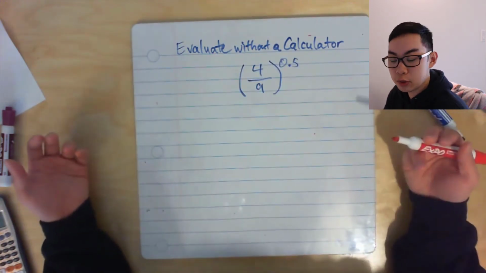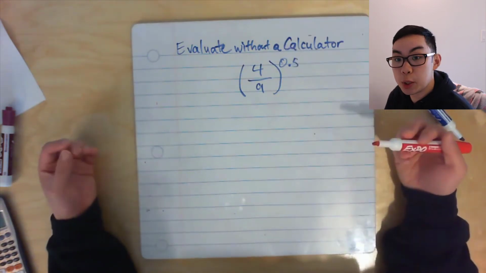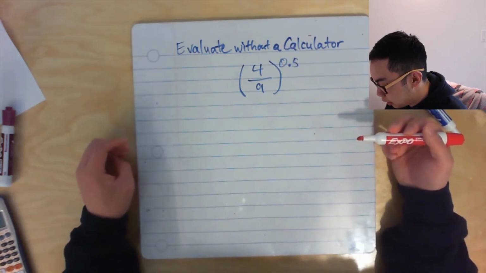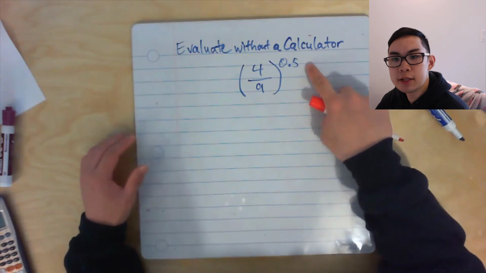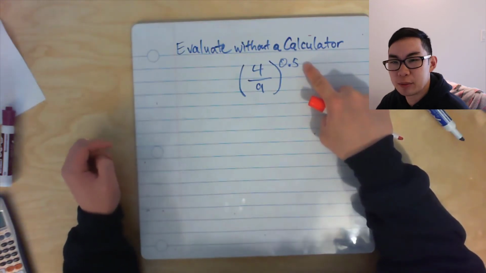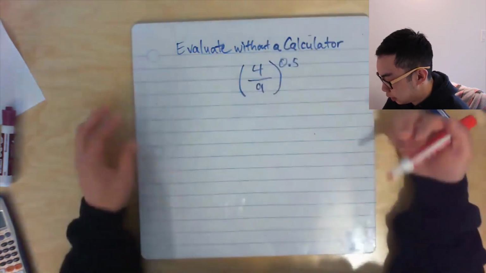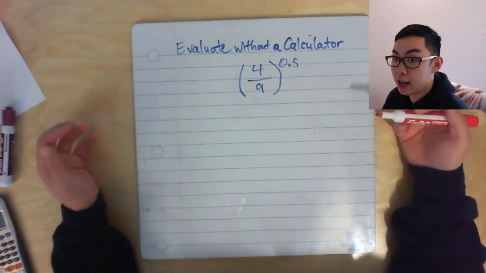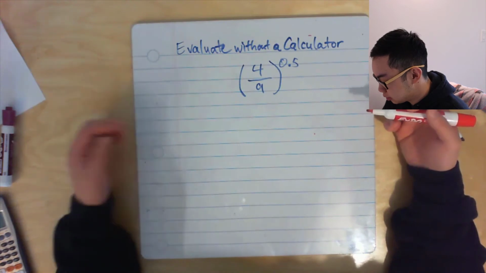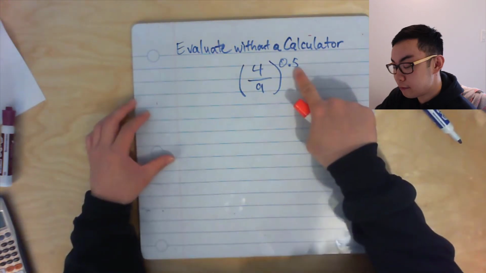Okay, here's another question where we're being asked to evaluate without a calculator. And well, I see a decimal in the exponent, and it's not a fraction anymore. But I do see a fraction here, so maybe I'm going to have to work with fractions anyways. Well, what I see is 0.5.